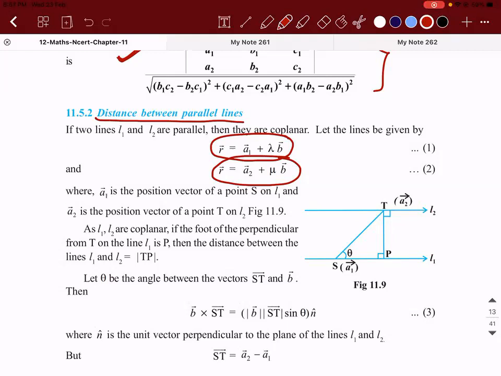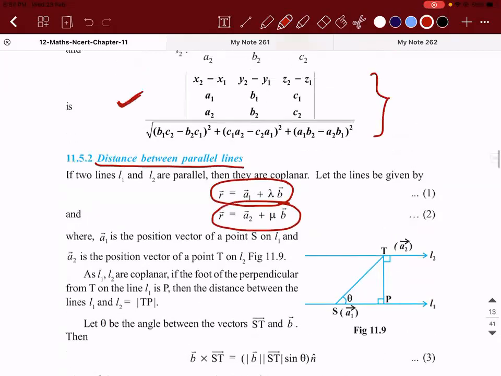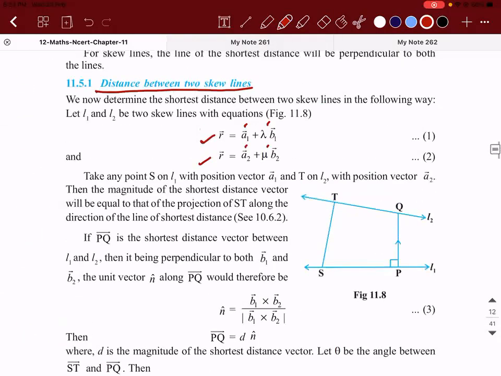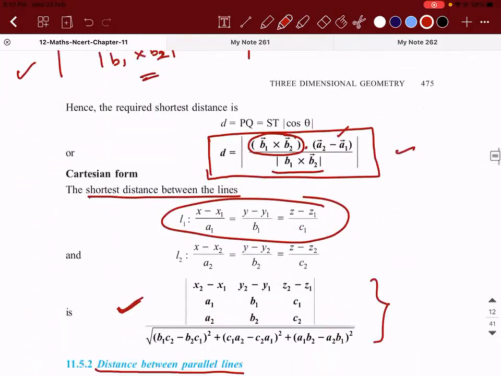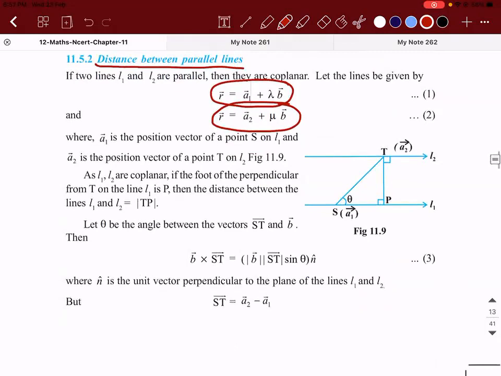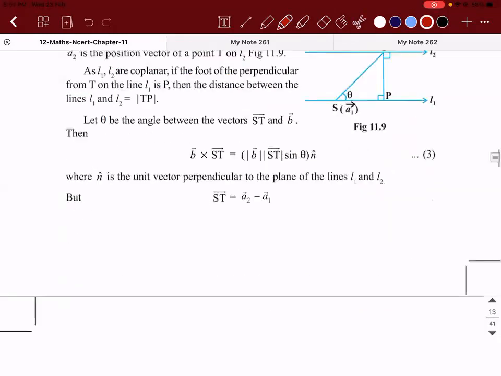Look at the second term. Lambda and mu, but it is B vector and B vector, whereas in the case of skew lines it was B1 vector and B2 vector, meaning B1 and B2 are different. Whereas if B1 and B2 are the same, or in the same proportion, then they become parallel lines.